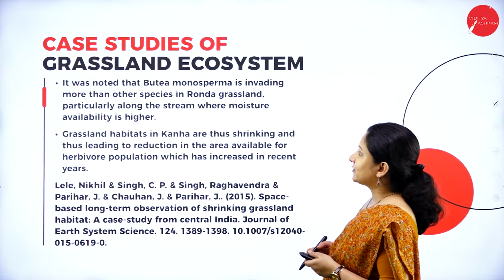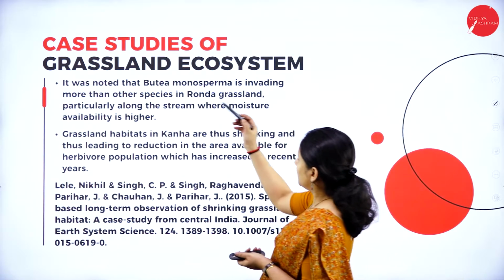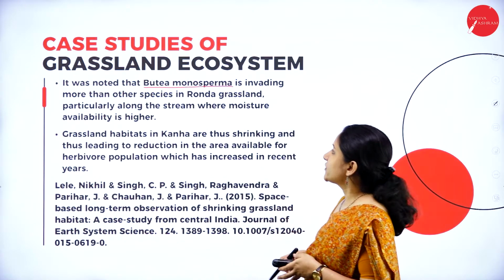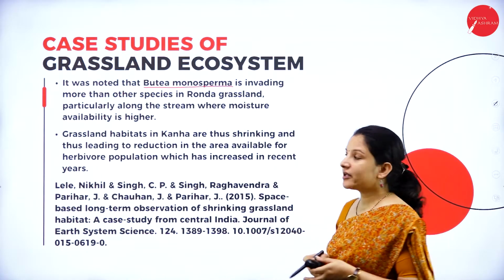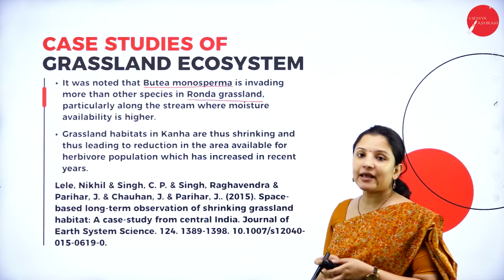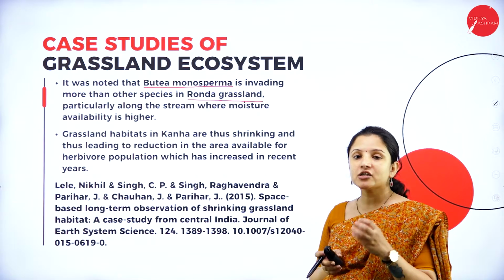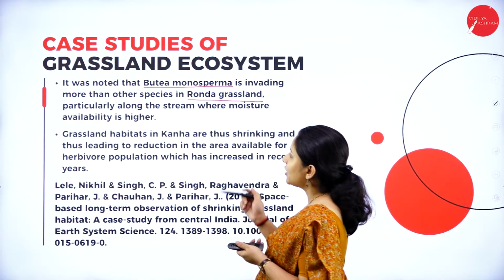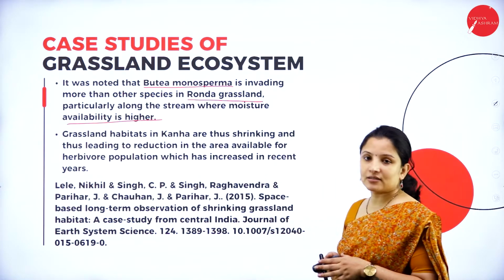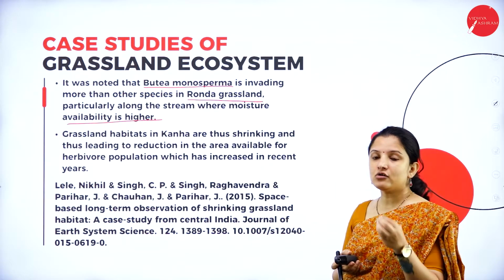It was noted that Butea monosperma, a timber yielding plant, invaded more than other species in Ronda grassland, particularly along the stream where a large amount of moisture was available. And the grassland habitats in Kanha thus began to shrink.